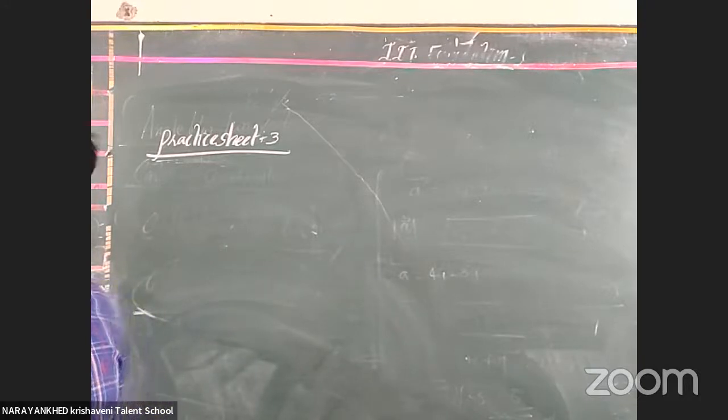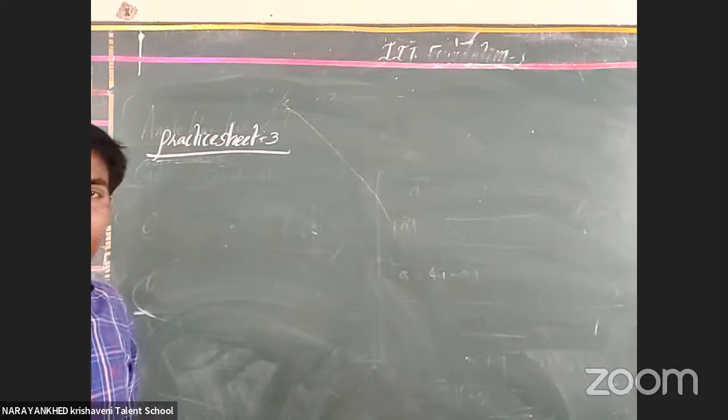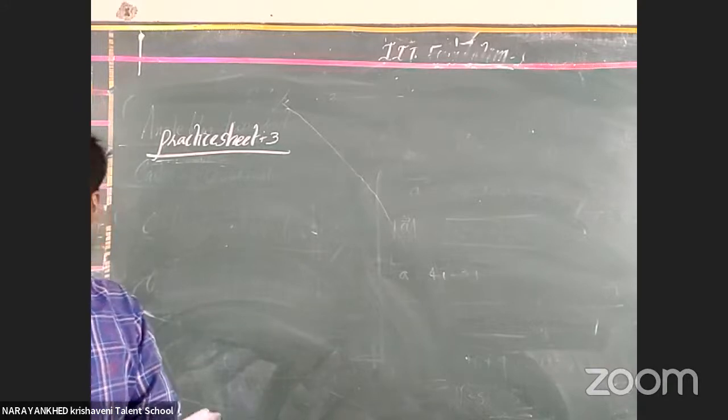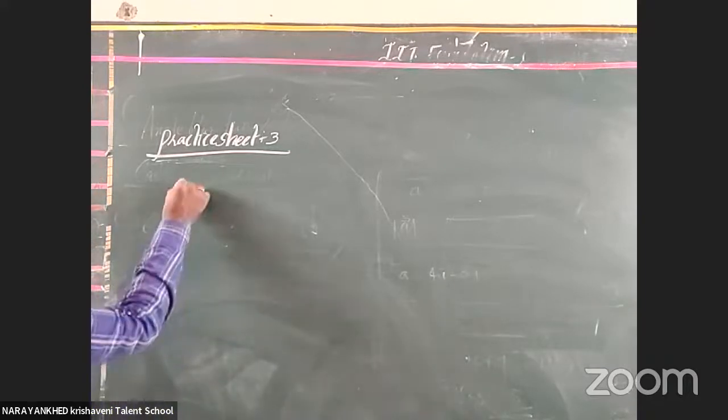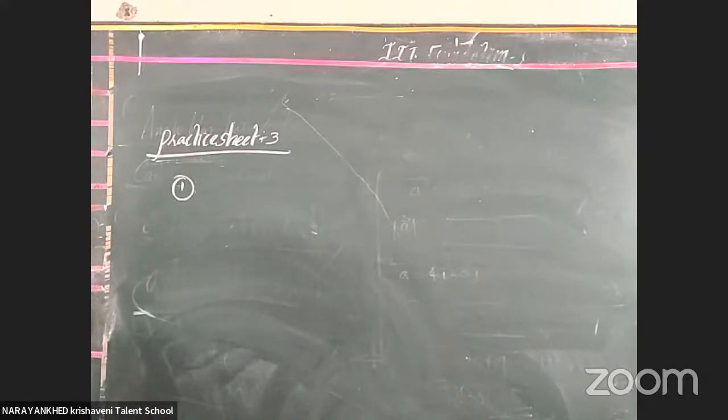First one, conceptual questions. If the head coincides with the tail, then dash angle is the angle between the two vectors. Clear or not, all the students? When the heads coincide with the tails, what will we get?